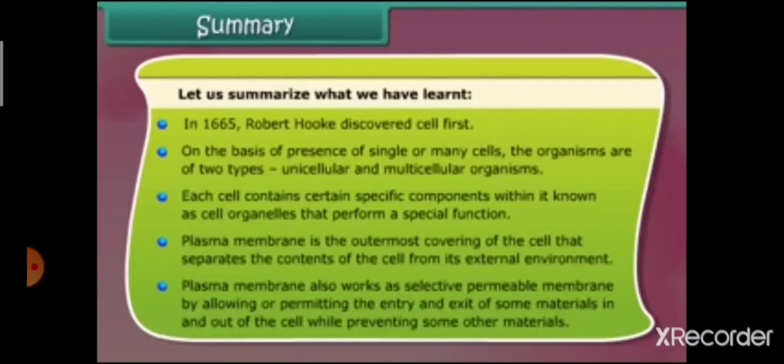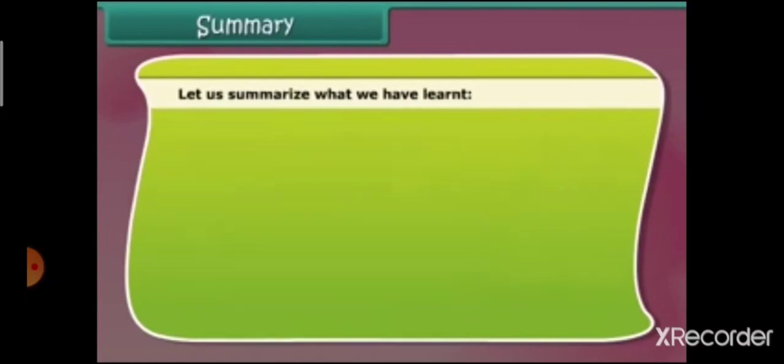Vacuoles are storage sacs for solids or liquid contents. In animal cell, the size of the vacuoles is small, while in plant cell, they have very large vacuoles.